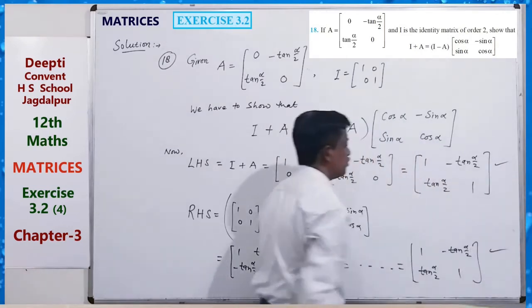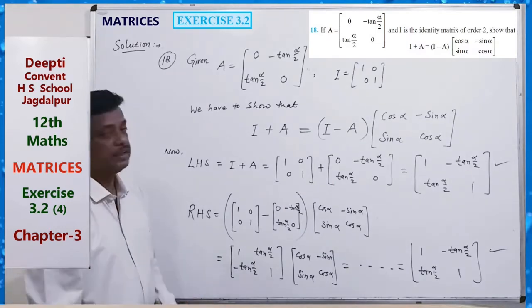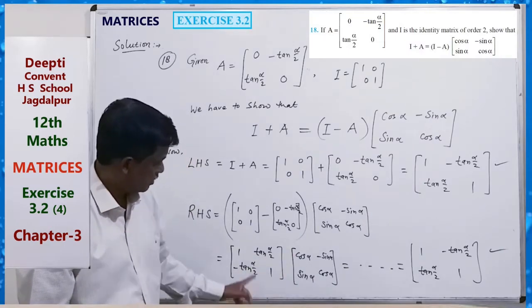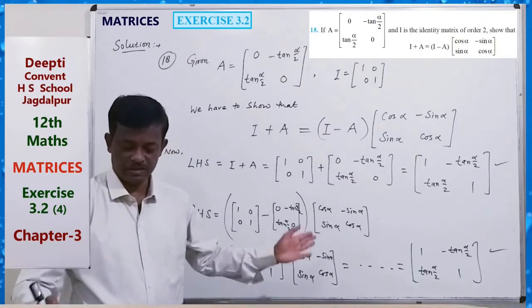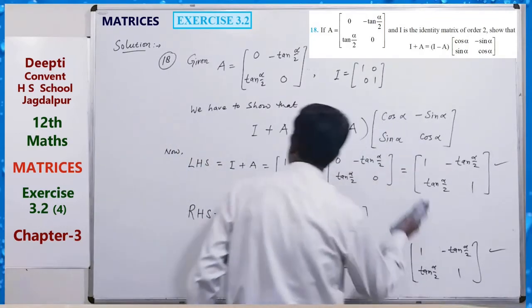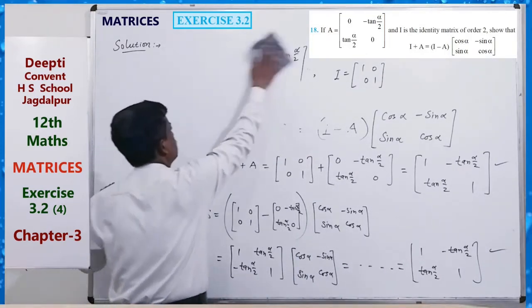Okay, so these two values will be the same, then you can verify. Clear? So this is a simple question, just multiply it, convert tan alpha into sin and cos form, and then taking LCM and using the sin A plus B and cos A plus B formulas, you can get the result. So do it.